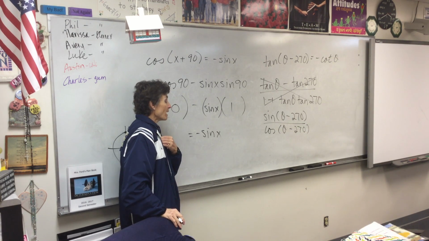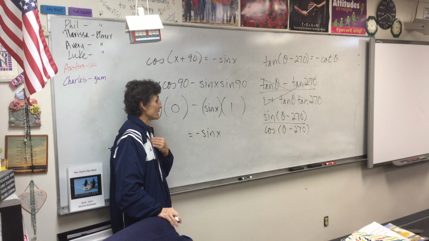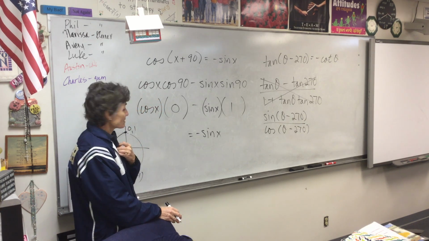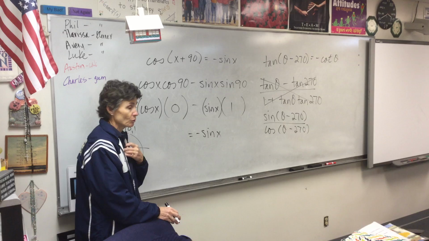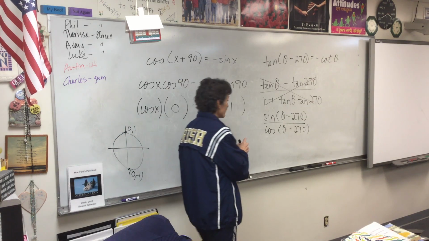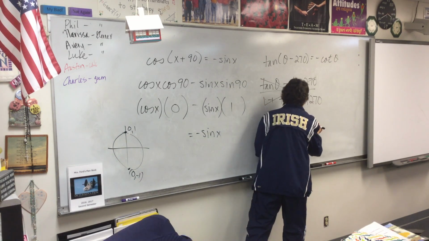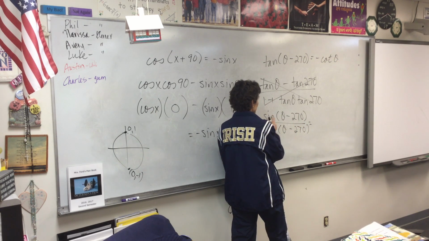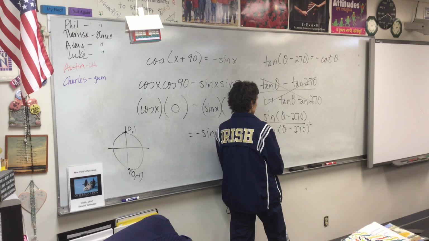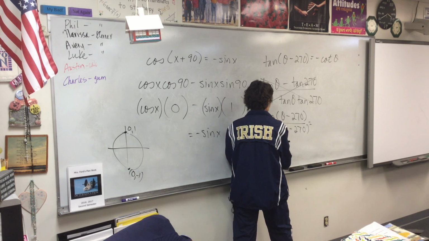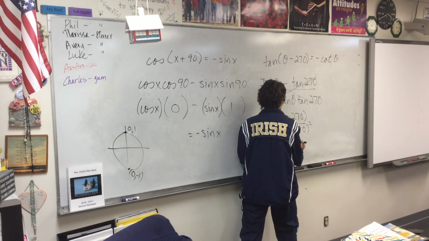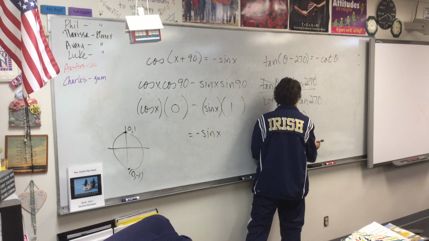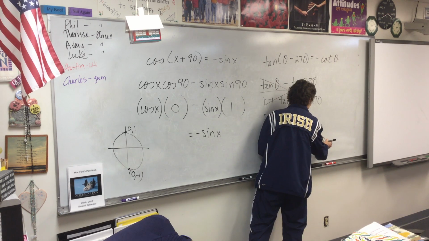So if I have an issue with something being undefined, my best bet is get rid of the issue by changing it into sines and cosines. Now, this may look bad, but it's not going to be bad. What's the formula for sine theta minus 270? Sine theta cosine 270 minus cosine theta sine 270.